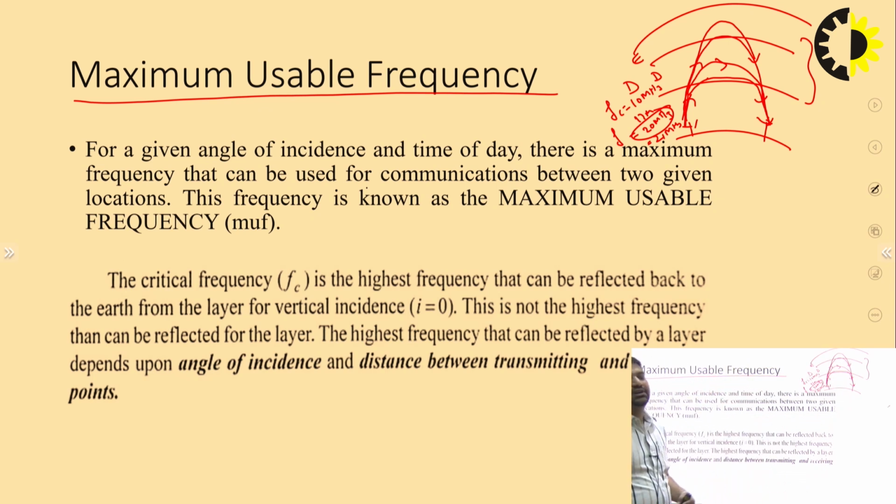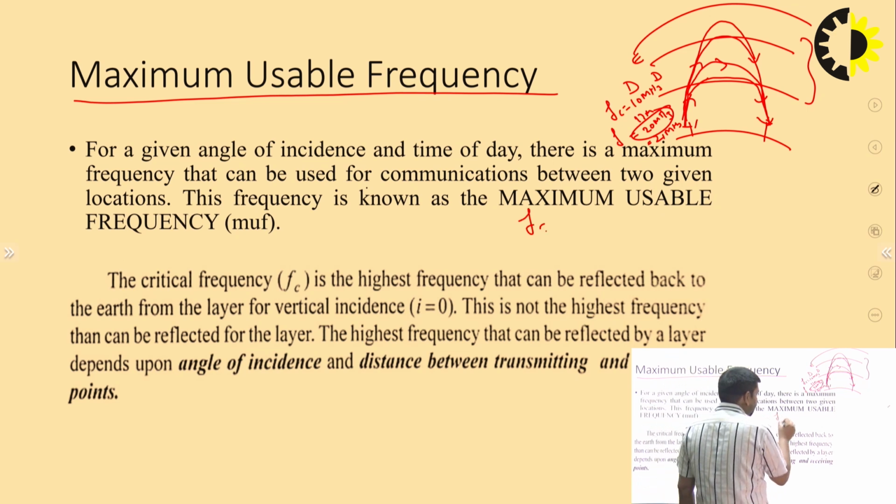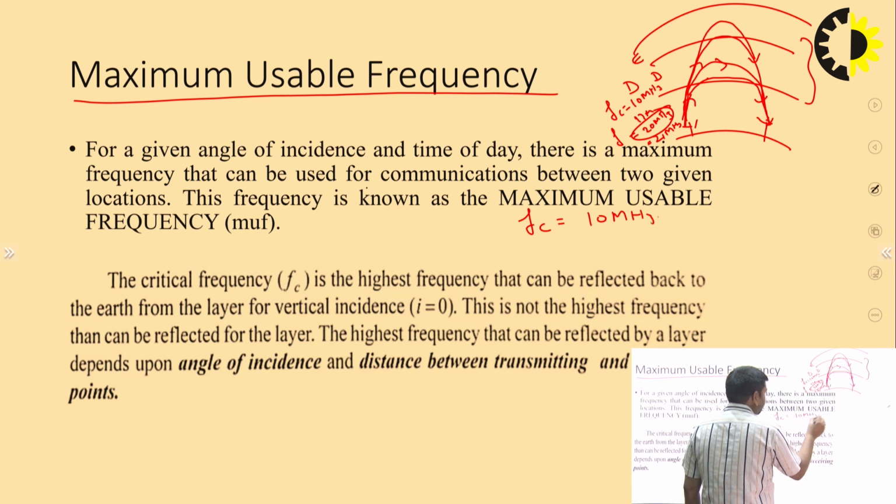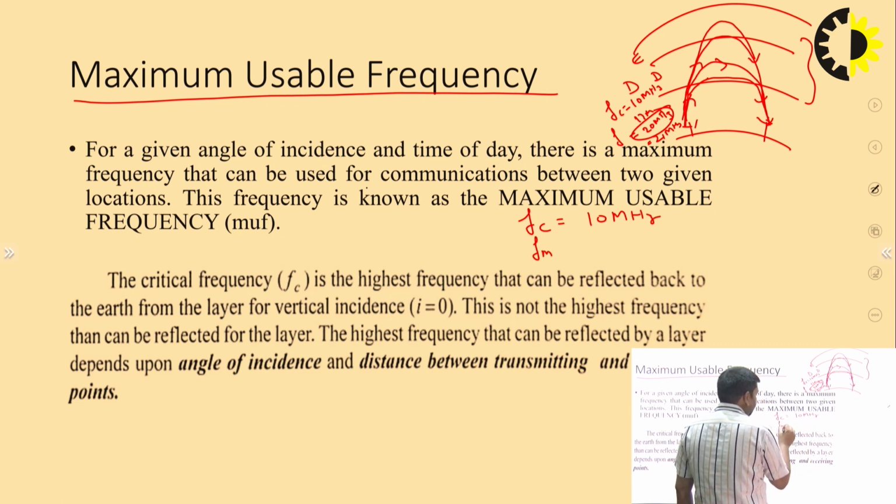If we transmit a sky wave in the D layer, we know the critical frequency of that region and the maximum usable frequency. If the critical frequency is 10 megahertz and the maximum usable frequency is 30 megahertz.